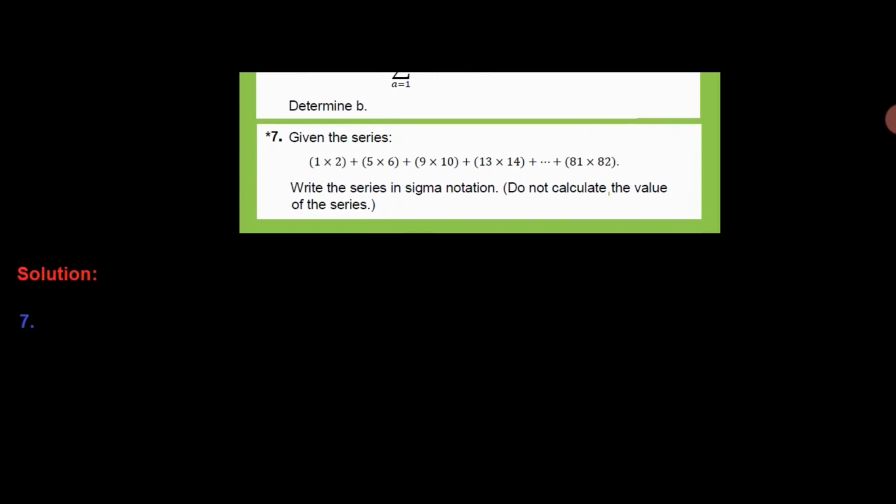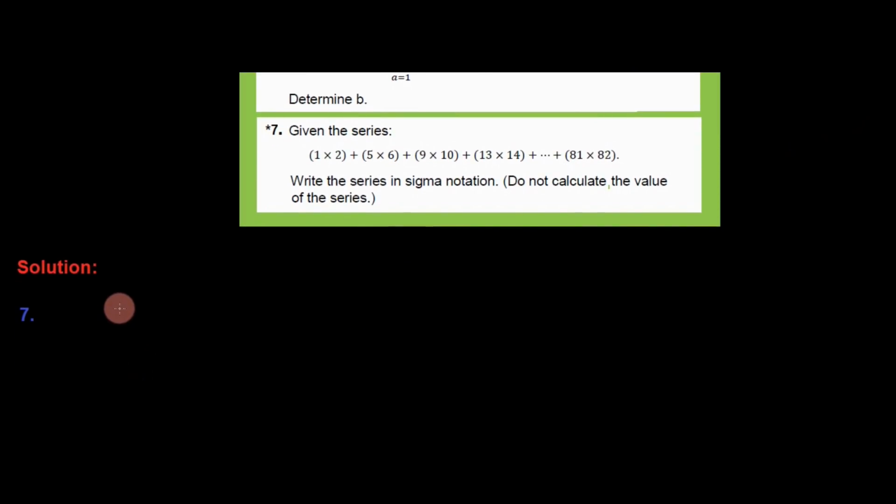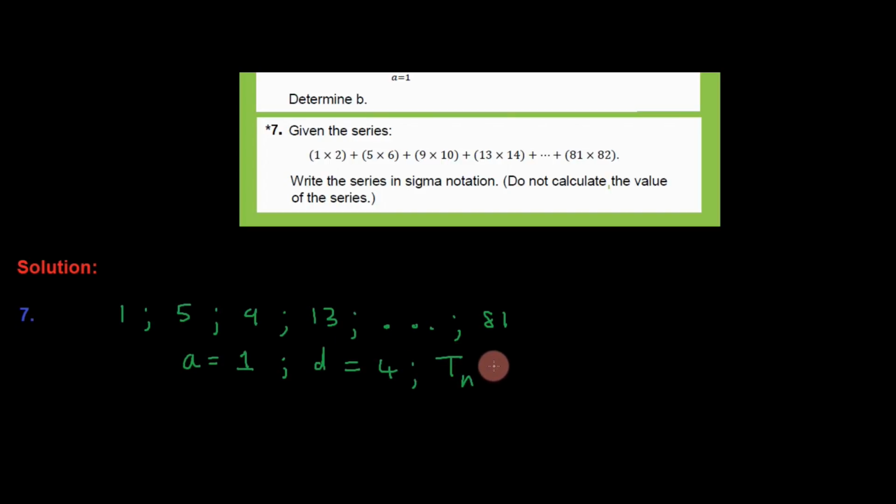So let's look at the first set of factors. It's 1, 5, 9, 13, all the way up to 81. We've got the first term A, which is 1. Of course, we want to find the general term of this AP. So A is 1, D is 4. The value of the last term, or the nth term, is 81.